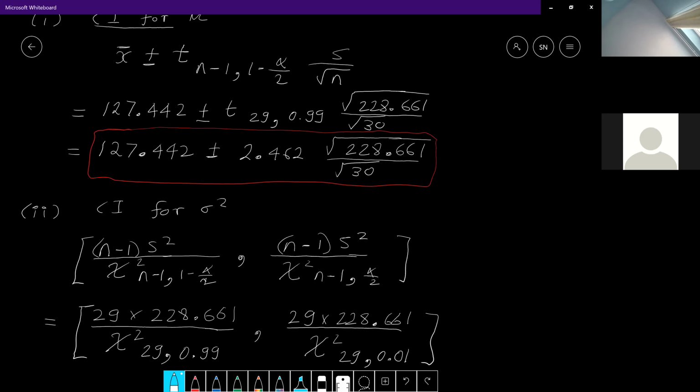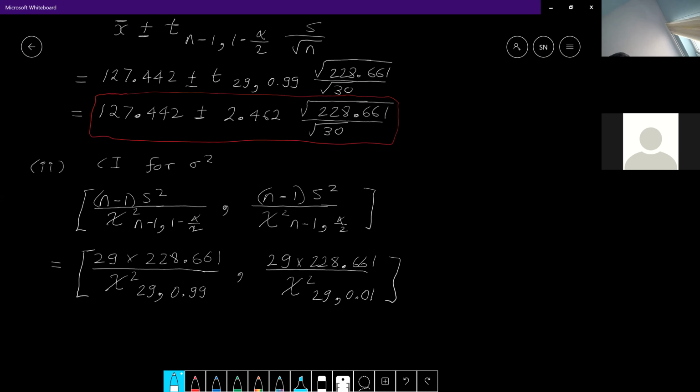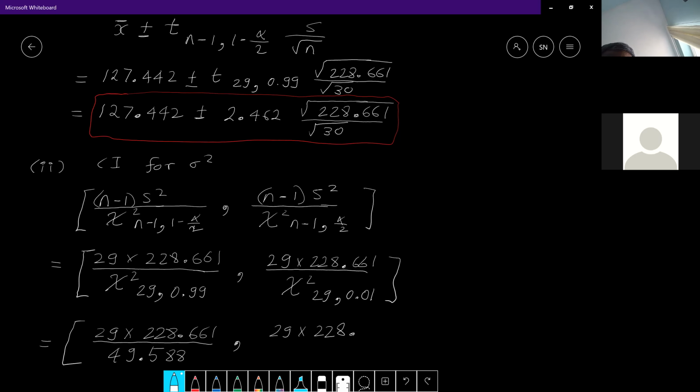If you read the table for the chi-square distribution, you can read the two values in the bottom, and you will get the following: 29 multiplied by 228.661 divided by 49.588, that's what you will get from the table, comma, 29 times 228.661 divided by 14.256.